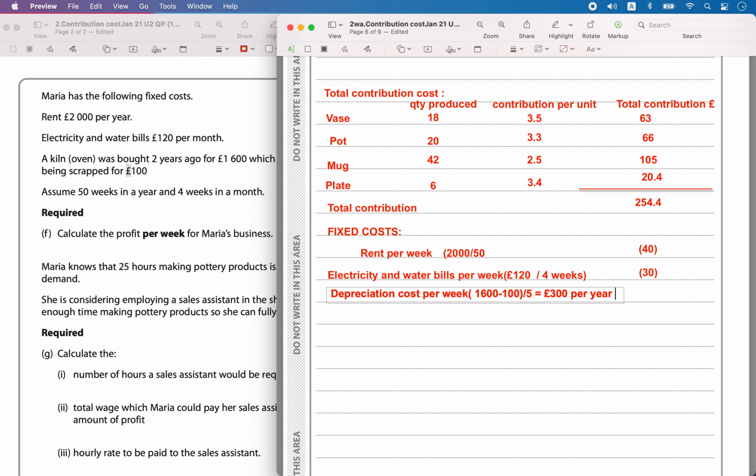Then we have to convert it into weeks. So 300 divided by 50, as there are 50 weeks in a year, so that is going to get us 6 pounds per week.